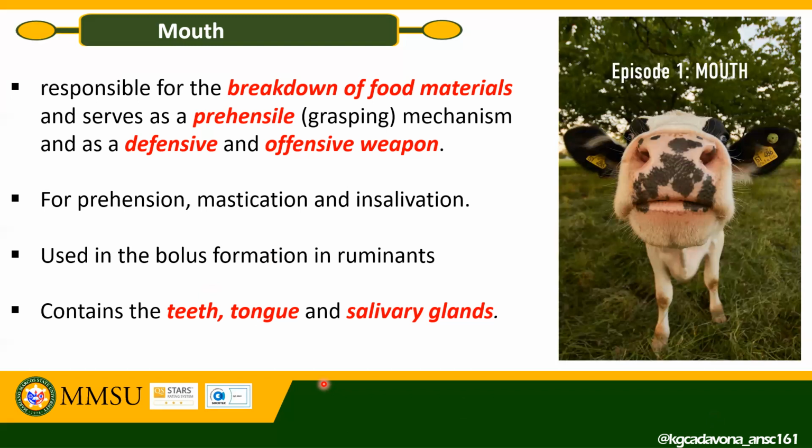For the salivary glands, these produce saliva to moisten the food, which contains chemical enzymes like salivary amylase and salivary maltase. These enzymes are usually the substances that act as catalysts to speed up the digestive process in the body of animals.